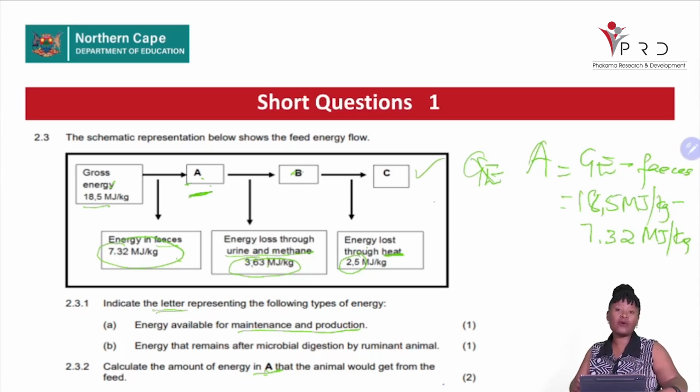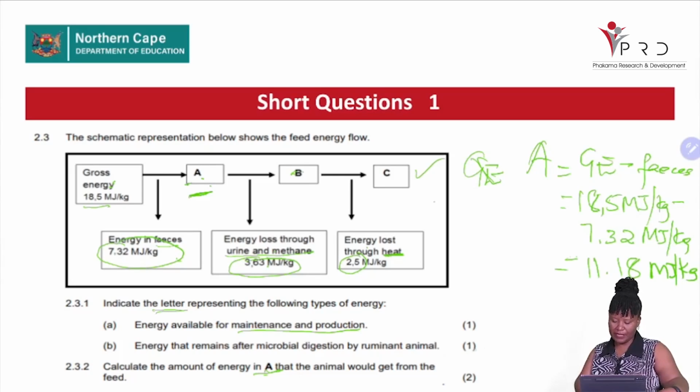It is important to always write units as you are given to qualify that you are working on energy. So you have to say 18.5 minus 7.32, then you get your answer. And the answer that you are going to get will be 11.18 as you are calculating MJ per kilogram.